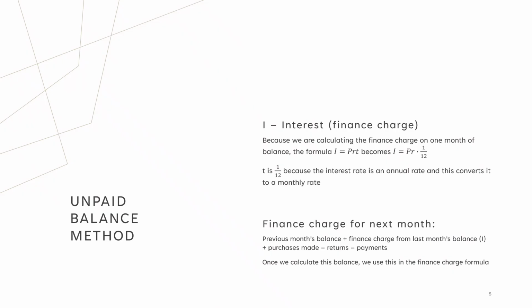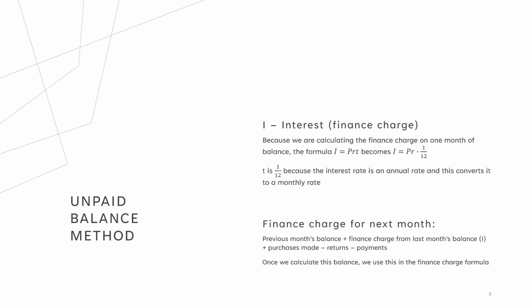Now let's jump into the unpaid balance method. Again, it is what it says it is. The unpaid balance at the end of every month is what we get charged interest on.